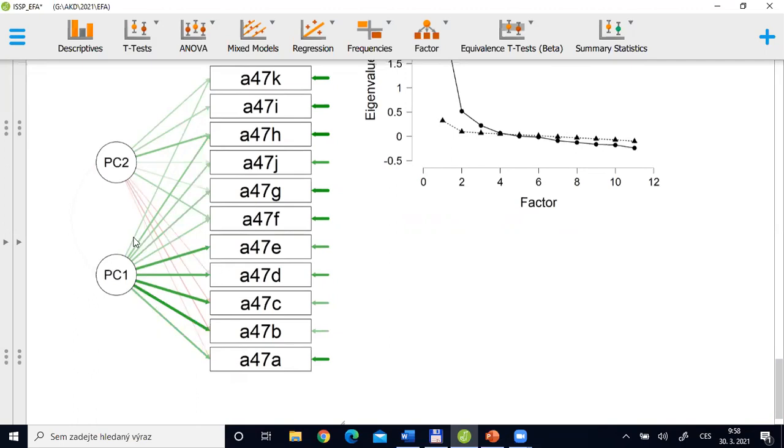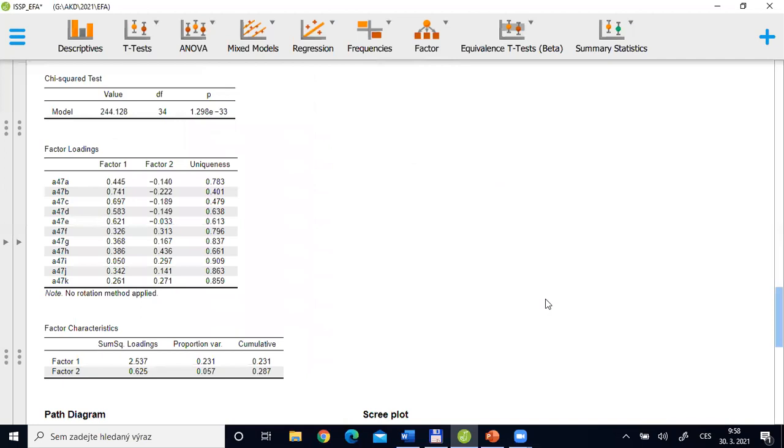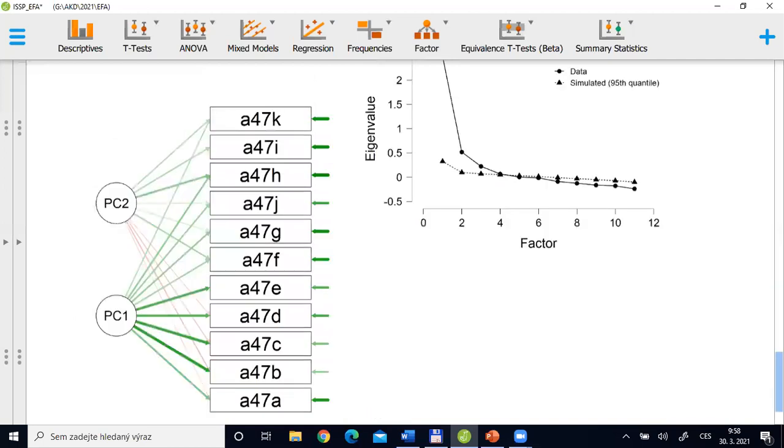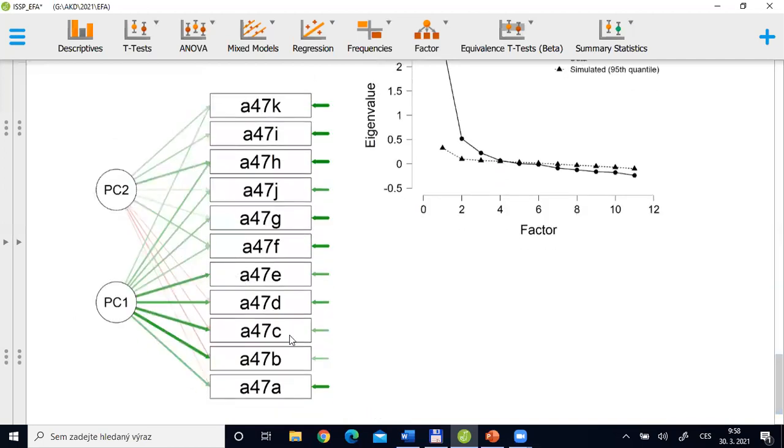If it is thin, it means a very weak relationship. So this picture is quite a nice description of this table with factor loadings. Currently I can see here that the first dimension is mostly created by the first 5 items, and there is no easy description for the second dimension at all.